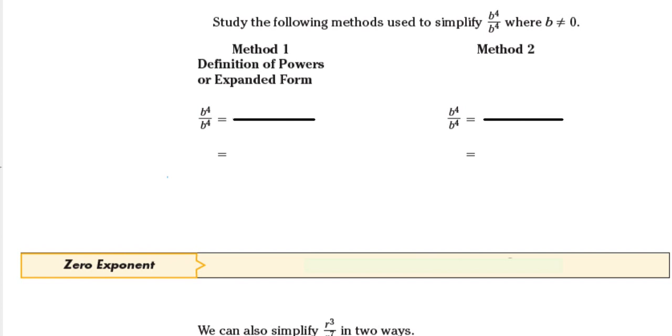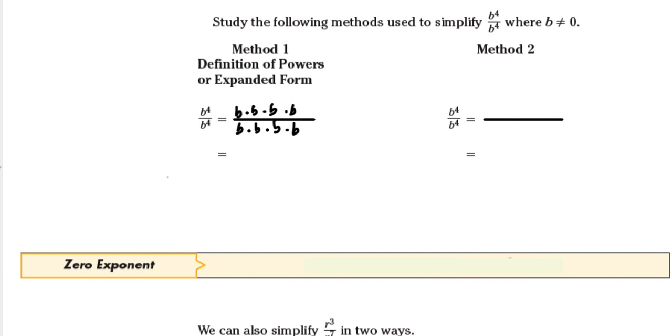Okay, so b to the fourth over b to the fourth is the same as b times b times b times b, all over b times b times b times b.